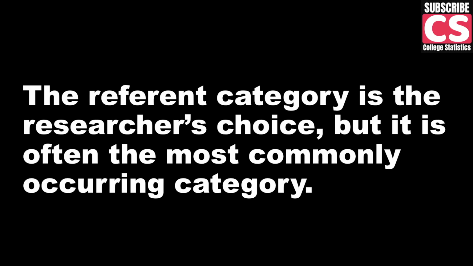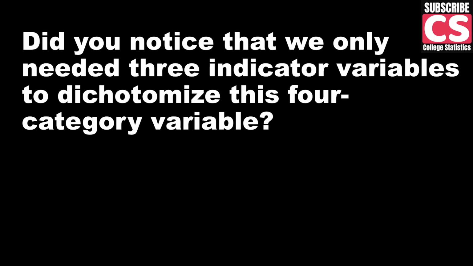The referent category is the researcher's choice, but it is often the most commonly occurring category. Did you notice that we only needed 3 indicator variables to dichotomize this 4-category variable?